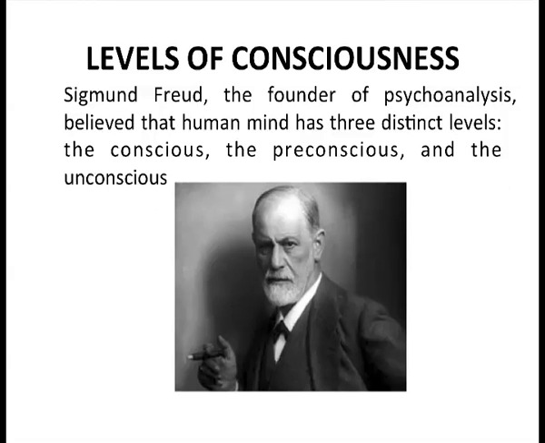Let's talk about the levels of consciousness. We had already discussed the levels of consciousness in the previous programs. Let's know more about it. Sigmund Freud, the founder of psychoanalysis, believed that human mind has three distinct levels: the conscious, the preconscious and the unconscious.